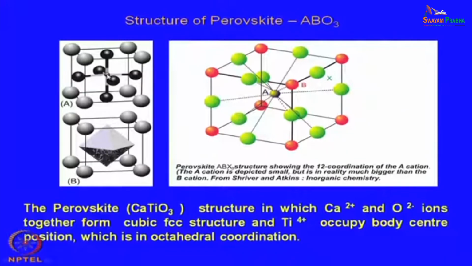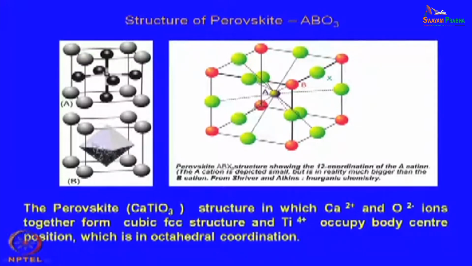And that is how titanium has a 6-fold coordination. Now, that is why at the bottom you can see this is the 6-fold octahedron. It is a bipyramid kind of structure. This is a square pyramid, the base is square.